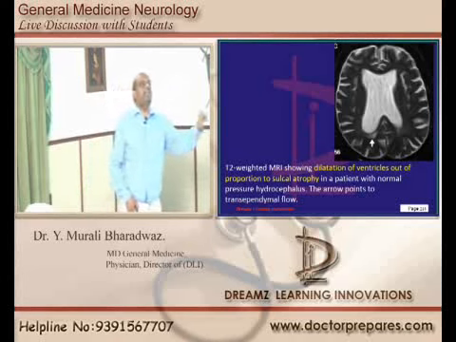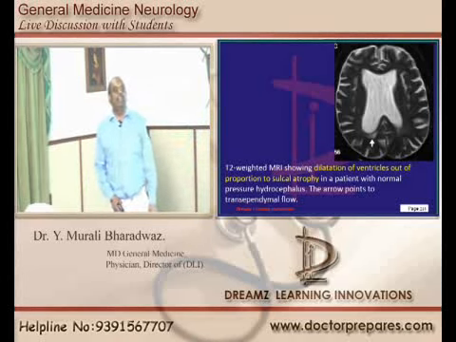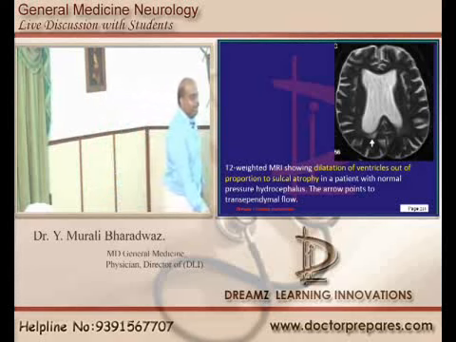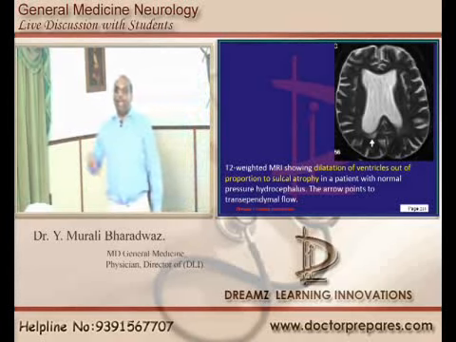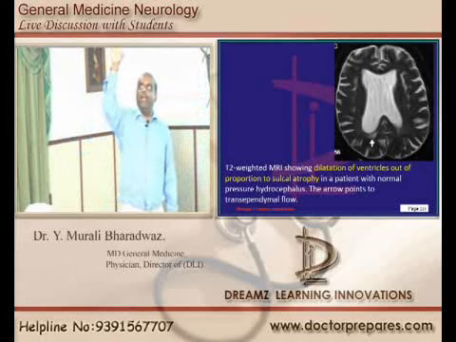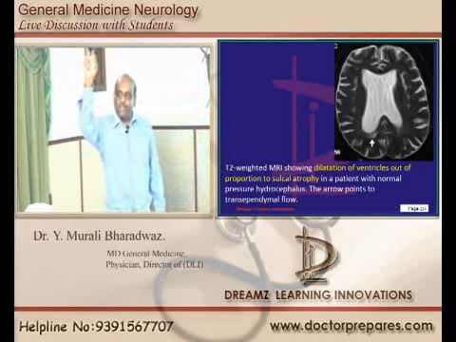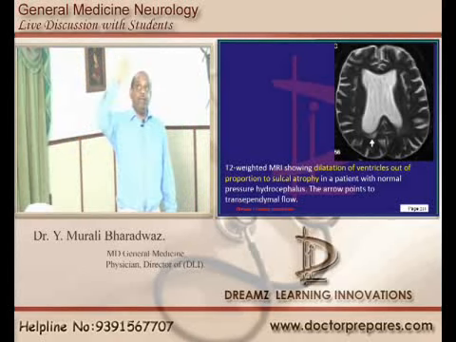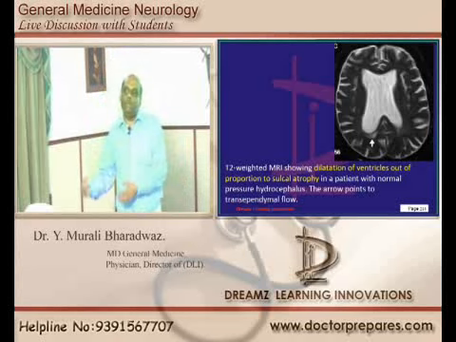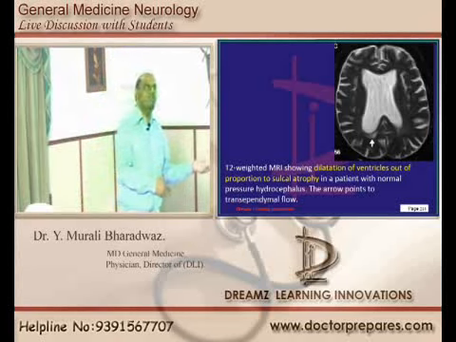Why are you worried whether sulcal atrophy is there or not? Because normal pressure hydrocephalus is commonly found in elderly people. And vascular dementia leading to atrophy of the brain, leading to sulcal atrophy, is also found in elderly people. When they have vascular dementia with sulcal atrophy, they will also have dementia. Normal pressure hydrocephalus patients will also have dementia.